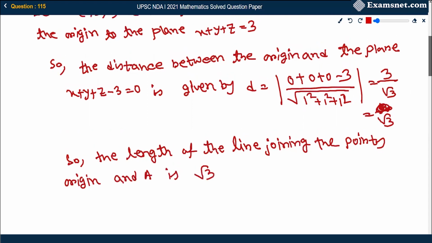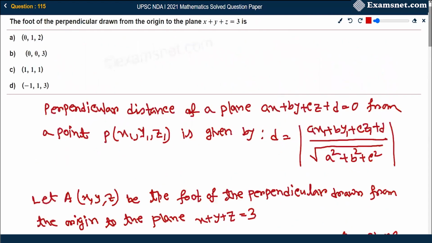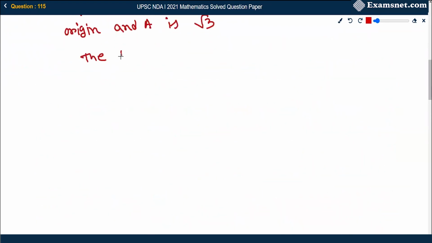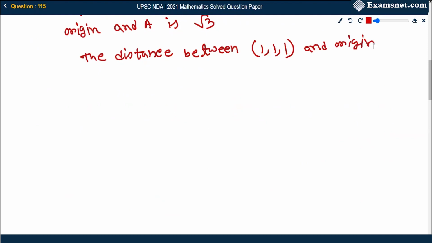So from the given options, only option C, the point (1, 1, 1), has a distance of root 3 units from the origin.